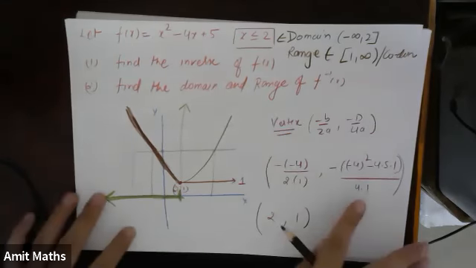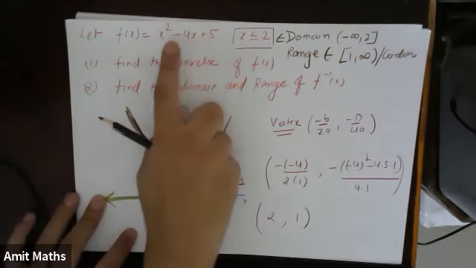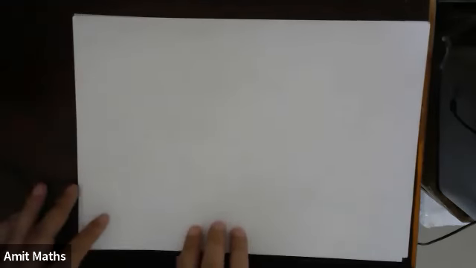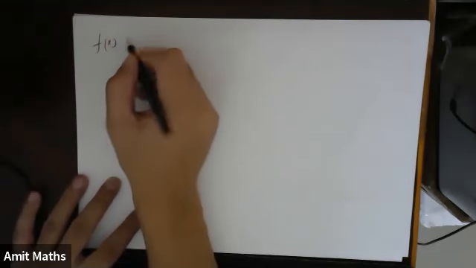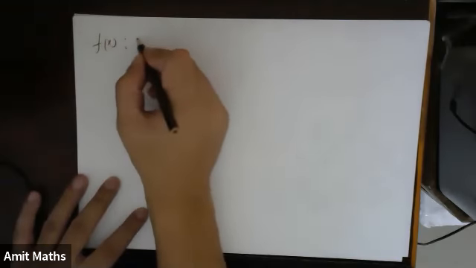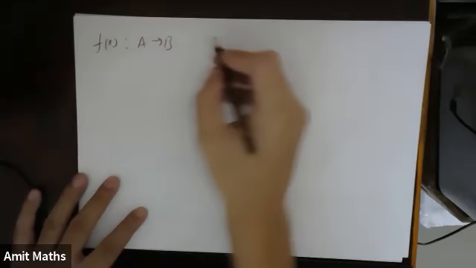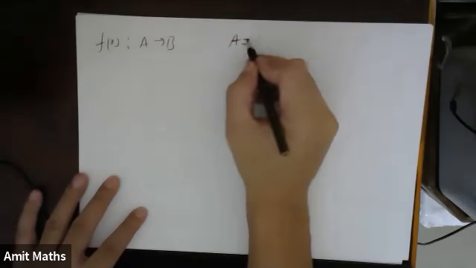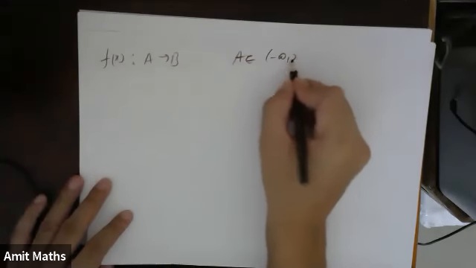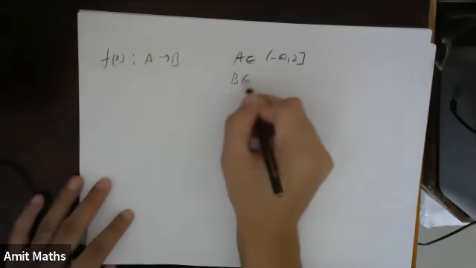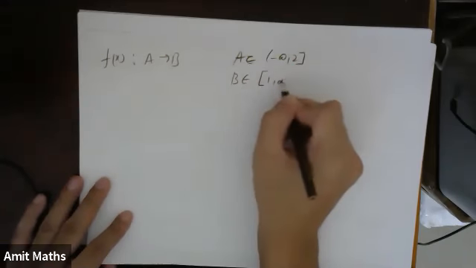Okay, so the original function which was given, basically what does it mean? If we have to find the inverse, it has to be bijective. So the function is f of x from A to B, where A belongs to minus infinity to 2, and B belongs to 1 to infinity.